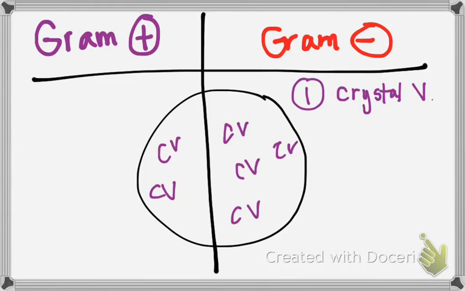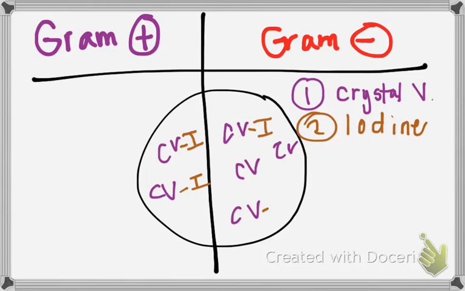Okay, the next step is iodine. Iodine is brown, and it's not a dye. It's what we call a mordant. The iodine binds to the crystal violet, and mordants bind to it like that.